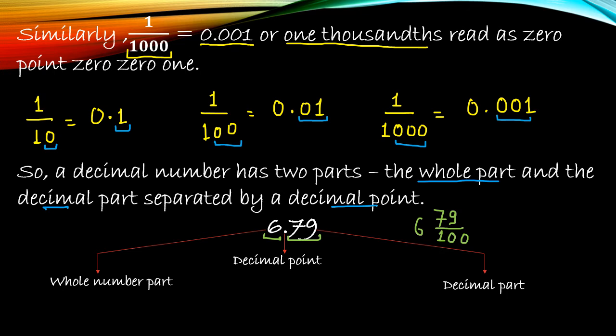There are two digits after the decimal, so we will put two zeros in the denominator. So it will be equal to 79 upon 100, and it is read as 6.79.